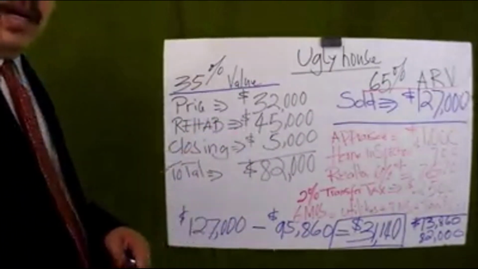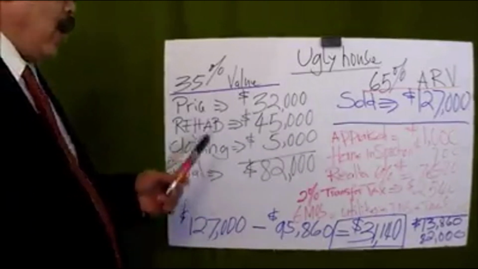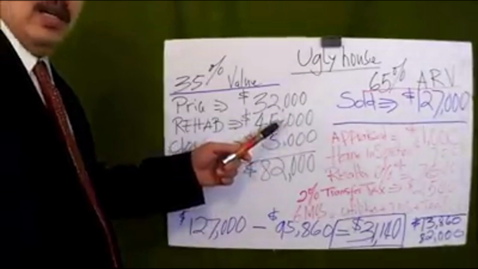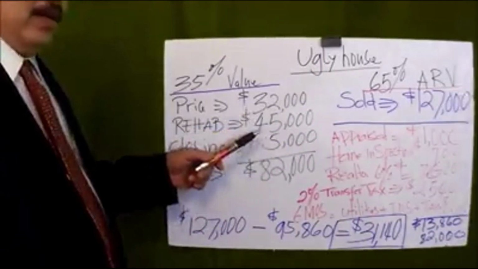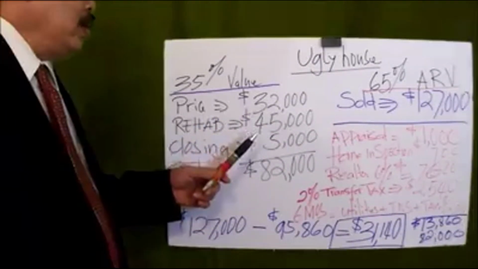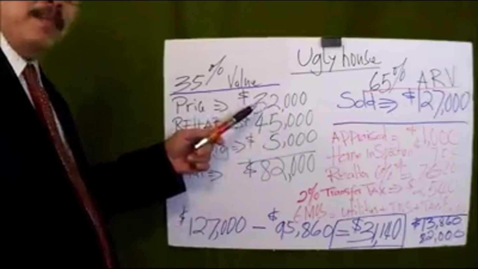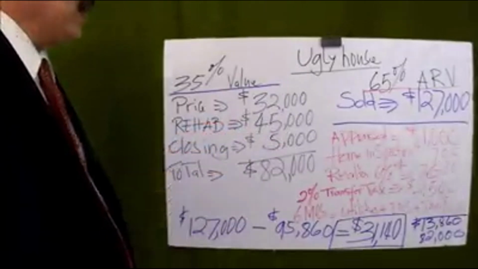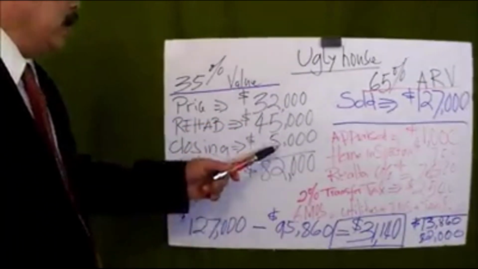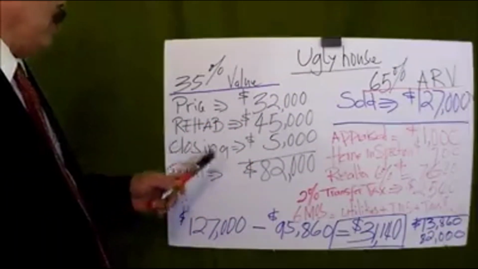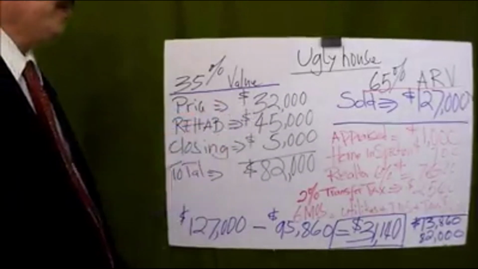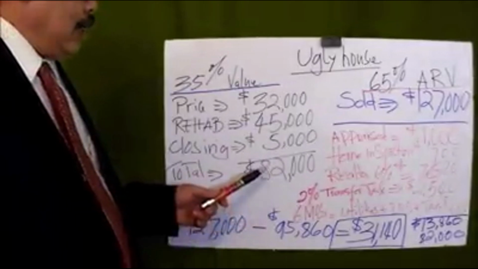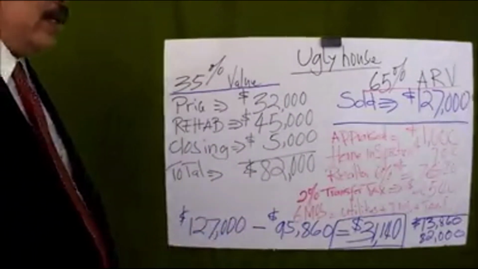And then you hire the contractors to come estimate how much the materials to fix that, and how much the labor costs to do the job. Okay, it costs about 45,000. And then you need 5,000 for closing costs when you purchase it. The total comes up to like 82,000. Okay, it's not bad.